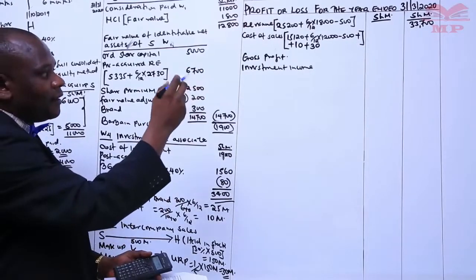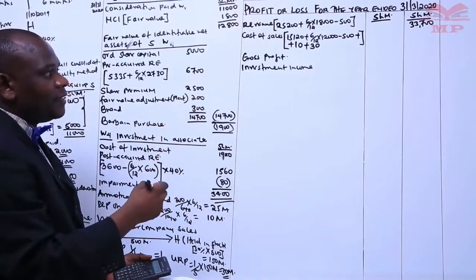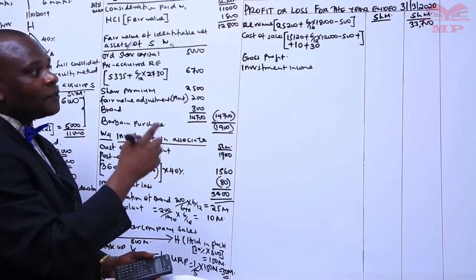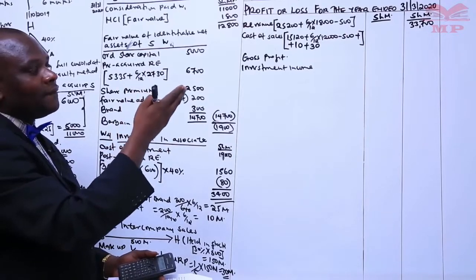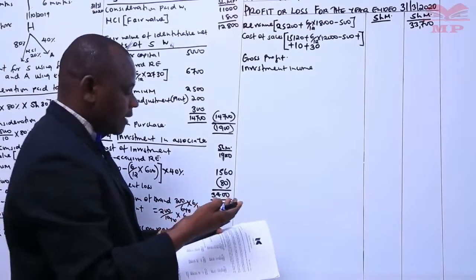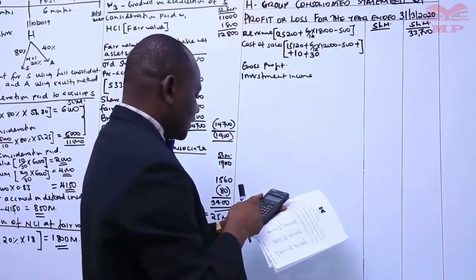So adding back the 30 unrealized profit brings the cost of sales to its real figure, because if stock is overstated, that means our cost of sales was understated. That is the logic behind that. So plus 30.